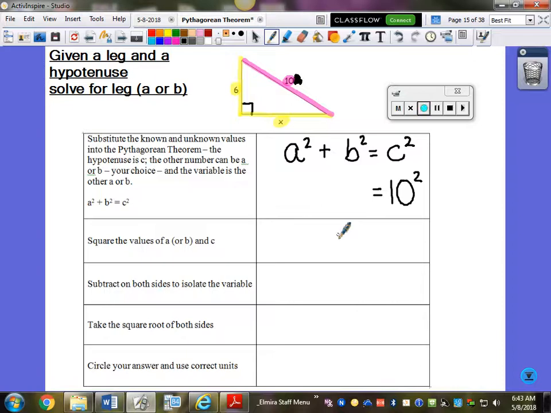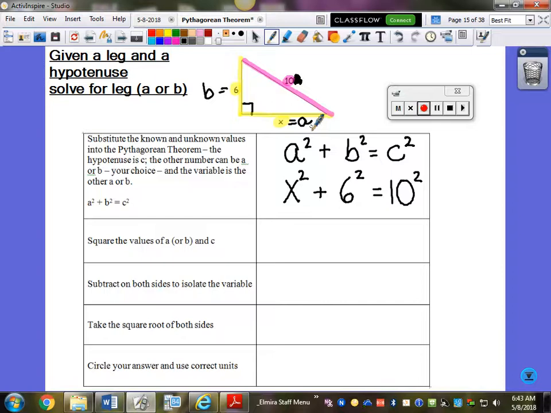The 6 and the x are the a and the b. I usually put the variable first. You can leave it as an a, you can put x, and I put the number in for b. So the number is b, the variable is a. Okay?